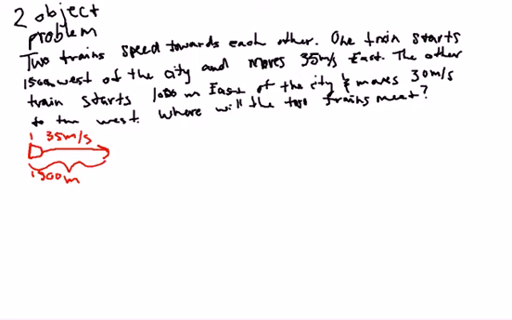Then you have some train 2, that is 1,000 meters from the city, and it's going 30 meters per second. And let's just say this is our city here. So first off, you need to know your cardinal directions. So remember, this is east, this is west, south, north. Never eat soggy waffles.